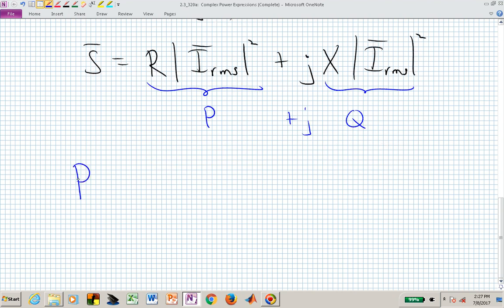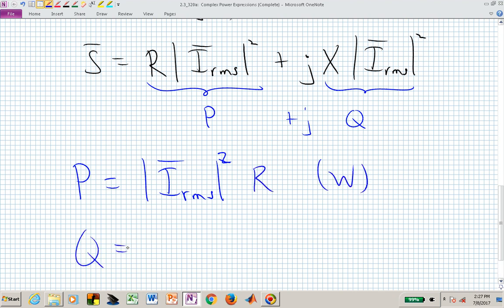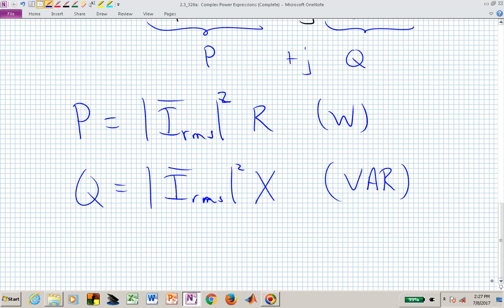Or we now have the power P is I RMS squared times R in watts, and the reactive power Q is now I RMS squared times X, in volt amperes reactive.